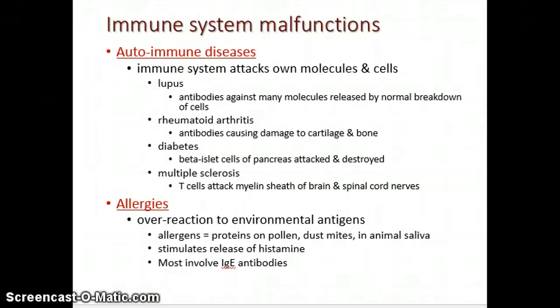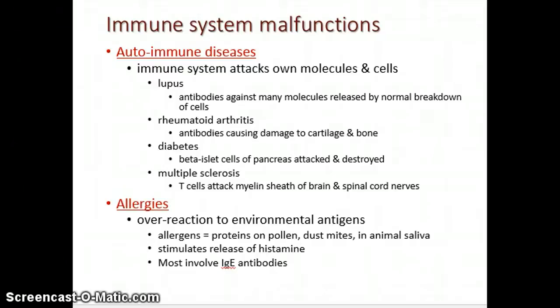So it actually can cause death within minutes due to the lack of blood flow and the inability to breathe. People who are susceptible to this often have to carry injections of epinephrine, which can counteract this allergic response.